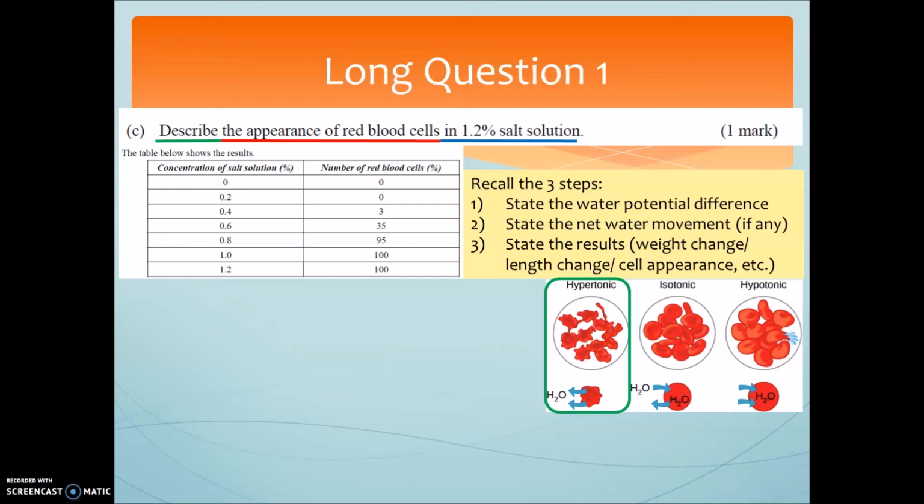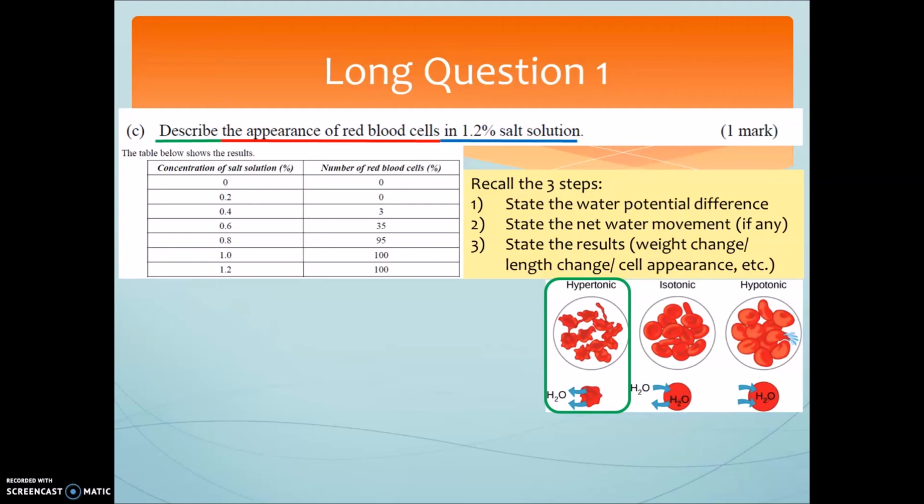And of course, red blood cells are animal cells. They do not have a cell wall. So if your answer is plasmolysed, or the cell membrane detached from the cell wall, or you say that the red blood cell will become flaccid, that is very, very wrong, because you even misunderstand the red blood cell as a plant cell.